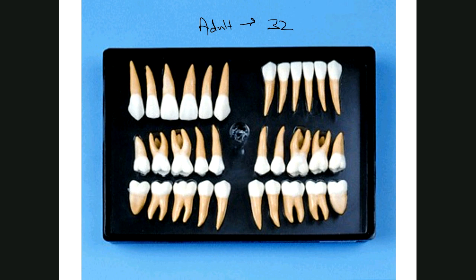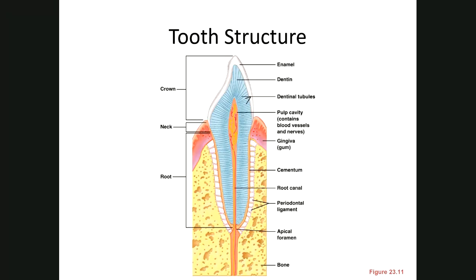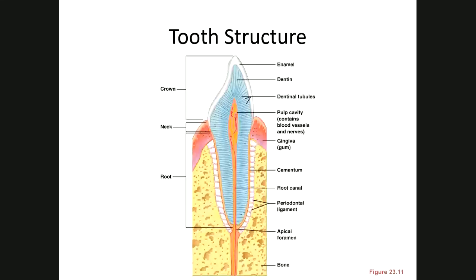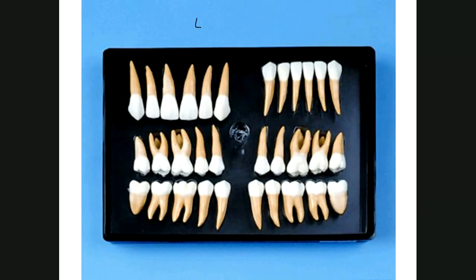But look at them, they don't all look the same. We come over here, here's another model, and here they are here as well. Here's the top, and there's the bottom. And look, those teeth look different than these teeth, which look different than these and these. So there are 4 different types of teeth. We have these teeth which look a lot like blades, and they're for cutting.